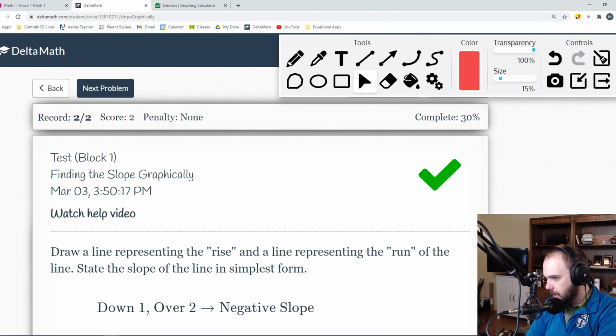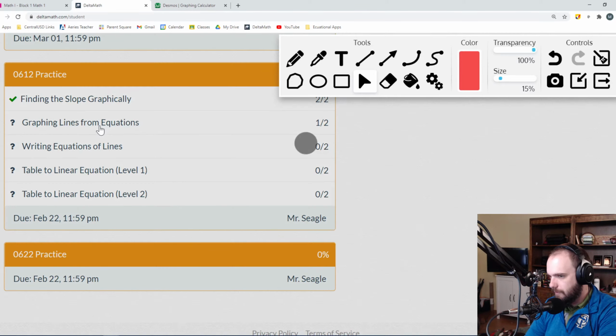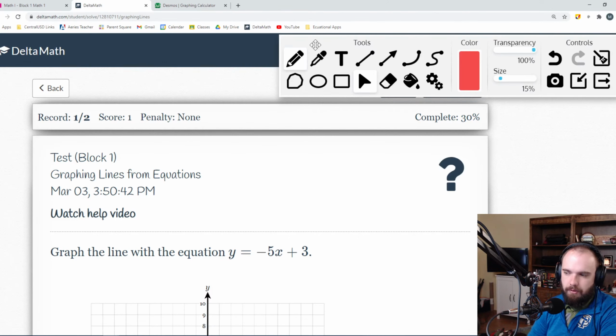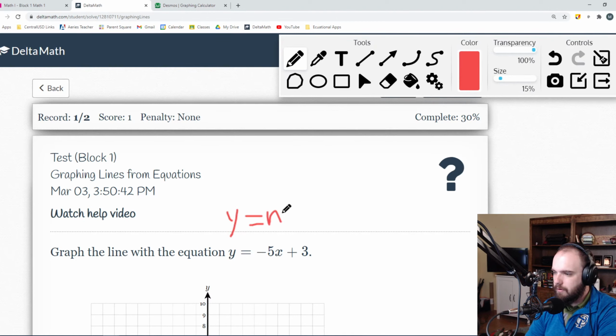Let's do the next section, right? So we have graphing lines from equations. Remember, when we're talking about equations, especially in slope-intercept form, we have the slope and the y-intercept given to us. Remember, that's my y-intercept. Here's my slope. So I'm looking at this. Remember, if there's no number underneath, it's going to be a 1.